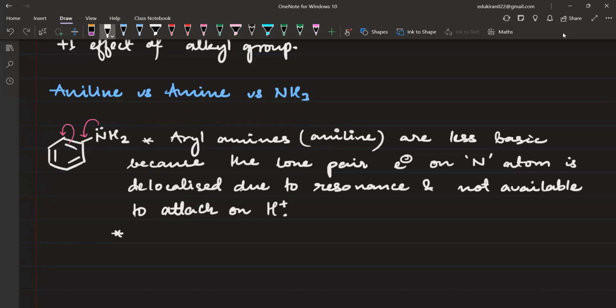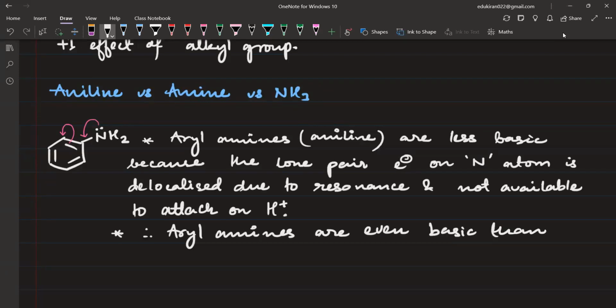Right? Therefore, arylamines are even less basic than ammonia.